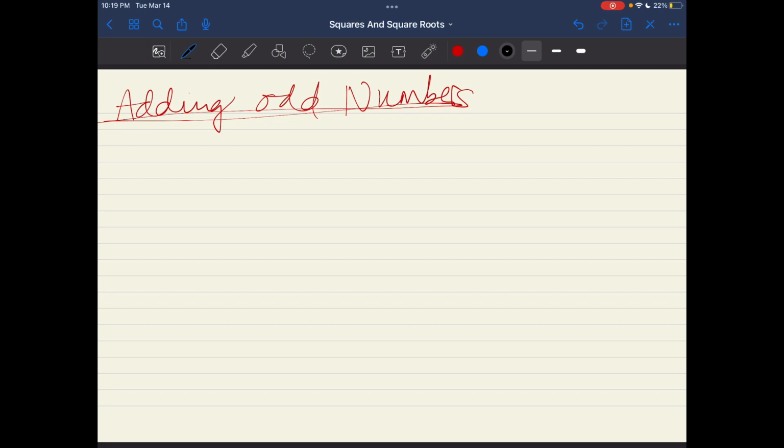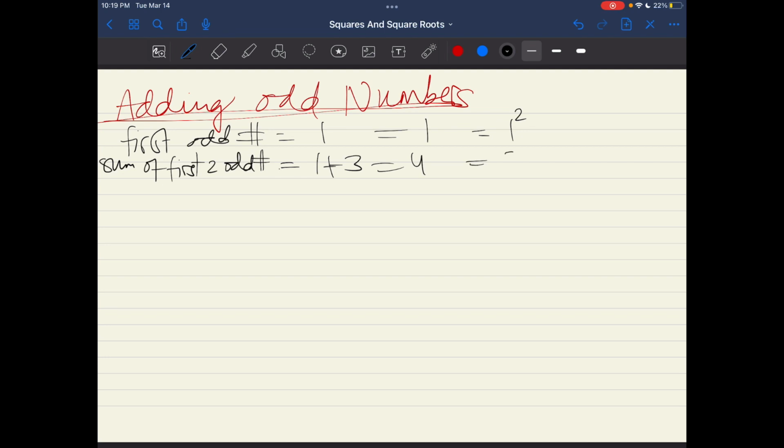Now let's look at adding odd numbers, right? So the sum of first odd number. What is the first odd number? It's 1 squared, right? Now the sum of first two odd numbers, 1 and 1 plus 3, which is 4, which is 2 squared. Similarly, sum of first three odd numbers, 1 plus 3 plus 5, 9, which is 3 squared.